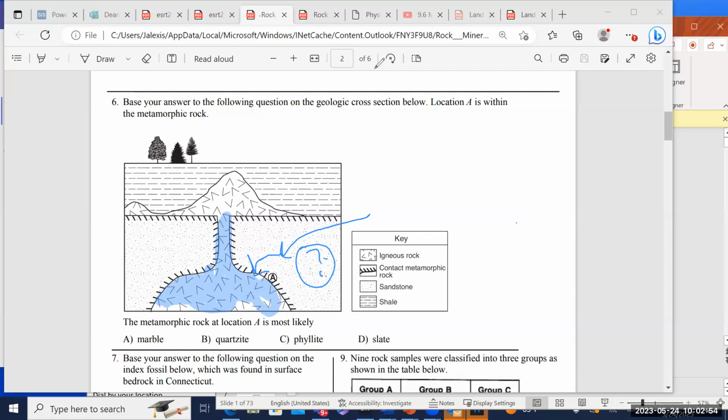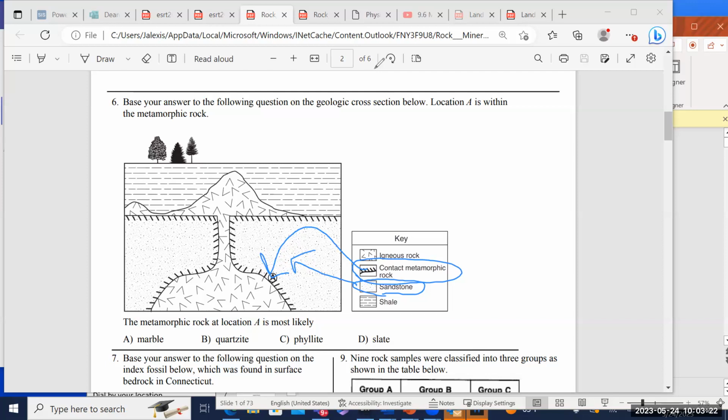So I'm going to look at my key. My key tells me two things. My key tells me that the rock outside of A is sandstone. My key also tells me that at A, this rock went through contact metamorphism.